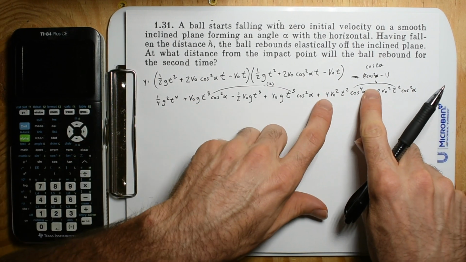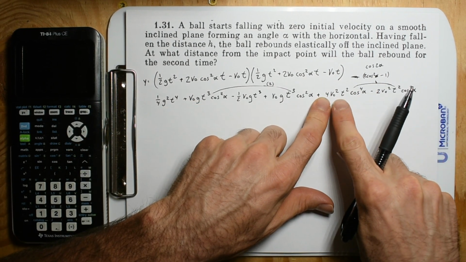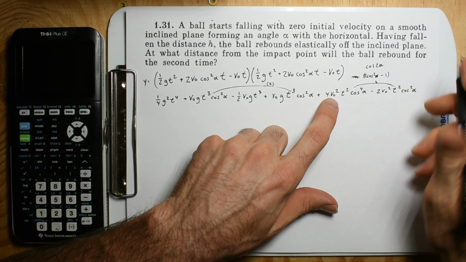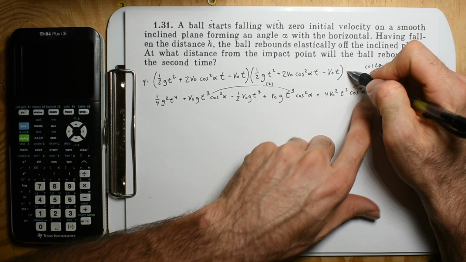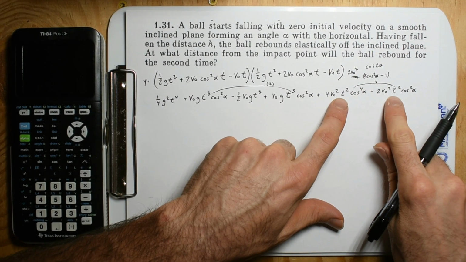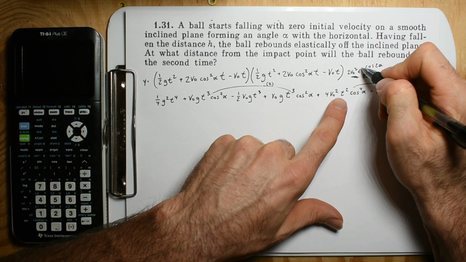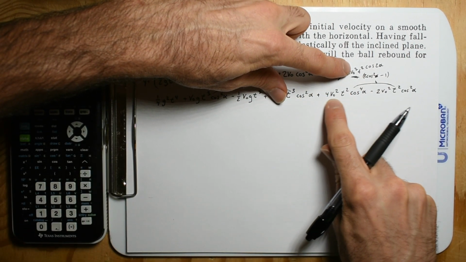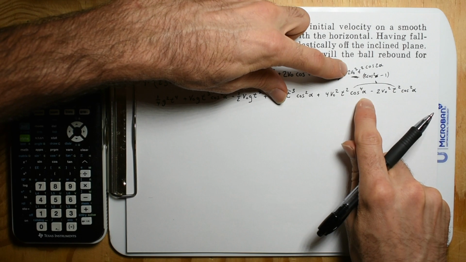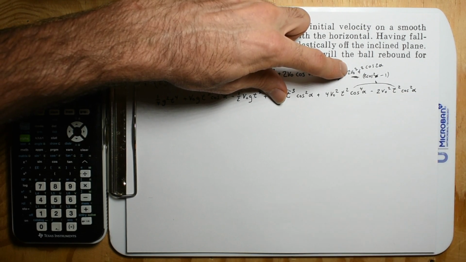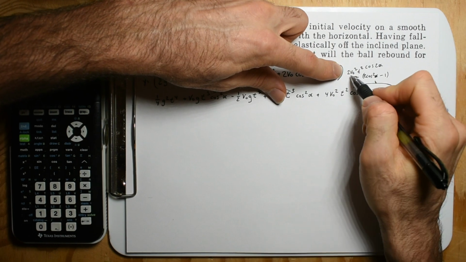So these two, we could do that. And what are we going to factor out after we do that? We're going to factor out just a 2, because you got to get this one. So this term right here would be 2v0 squared times t squared. Sometimes you just have to go for it and guess. So is that what we'd factor out? We'd factor out a 2v0 squared, and we'd factor out a cosine alpha.